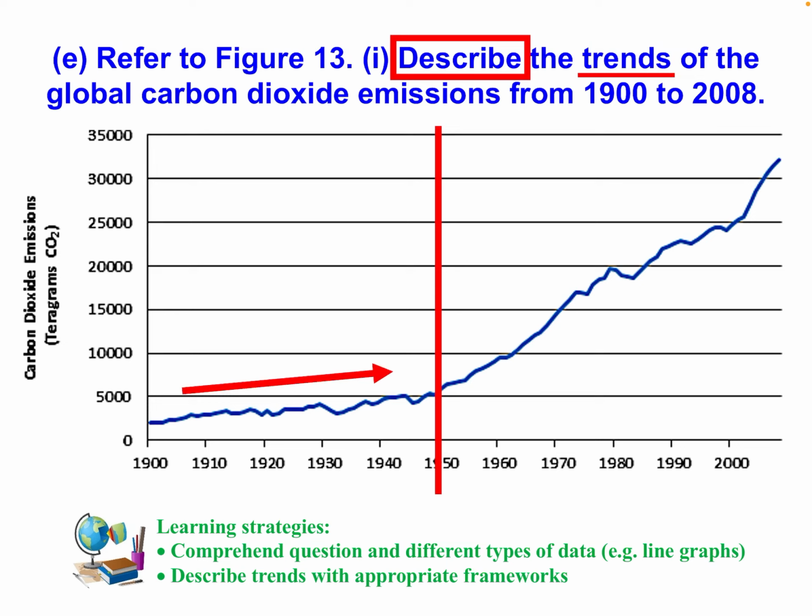Stage 1 is the 19th century up to 1900, and then 1900 up to 1950. I hope that you remember what we have learned, very easy. So both of them are an increasing trend.